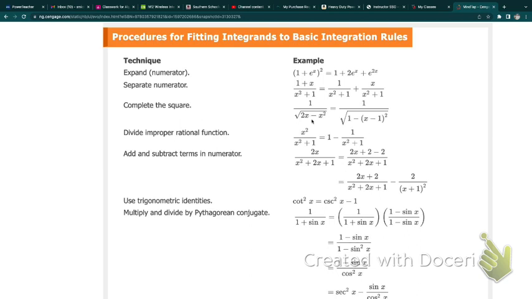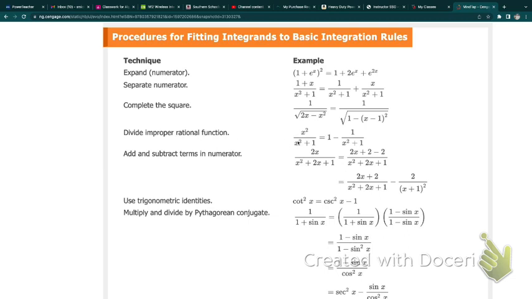They divide improper rational functions, so what did they do here? I have x squared over x squared plus 1 equals 1 minus 1 over x squared plus 1. So we did a division. We did that yesterday. Did long division, yes? Oh, yeah. Okay, so we would do this when what?